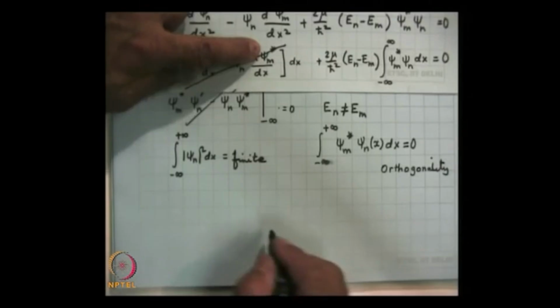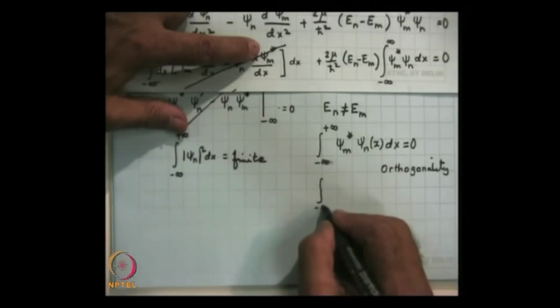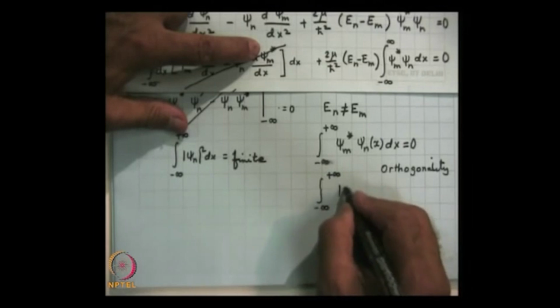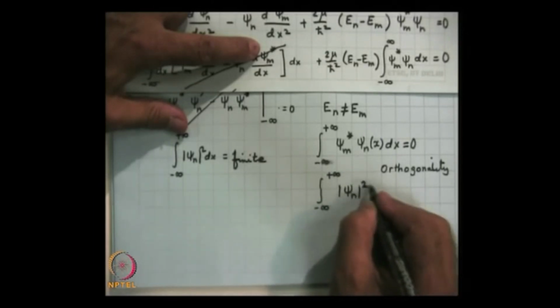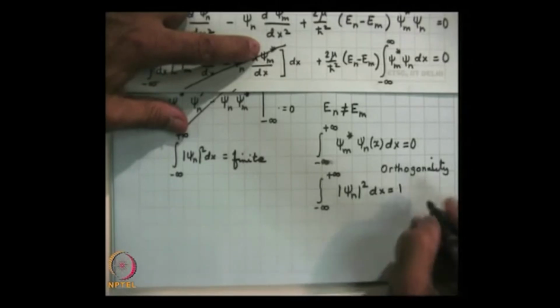I am assuming that the wave functions are normalized. Therefore, the integral from minus infinity to plus infinity of mod psi n squared dx is equal to 1. So, this is known as the normalization condition.